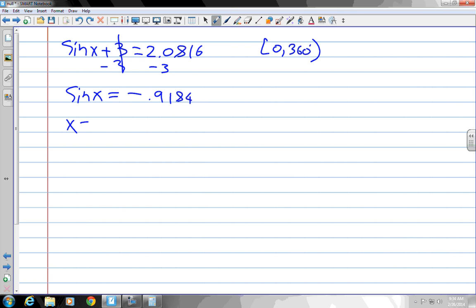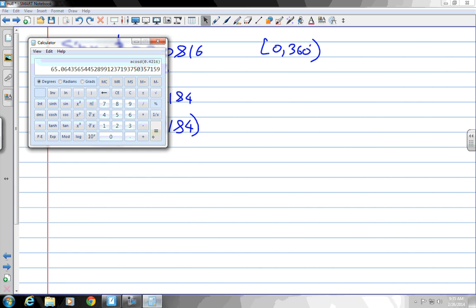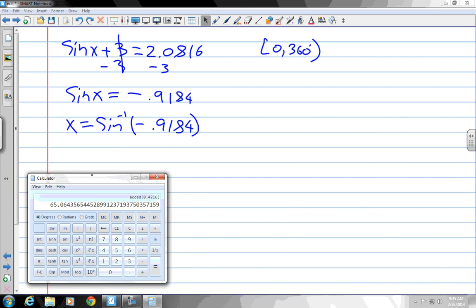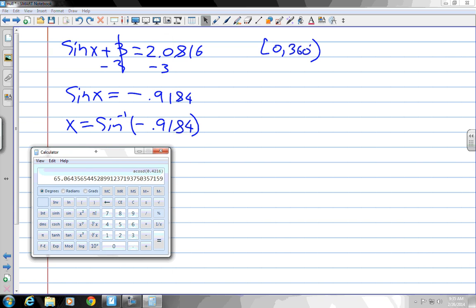Now, on which interval will my solution land? What is the range of the inverse sine? The range. So how did we restrict the sine domain to make that? No, that's the domain. Yeah, so it's from negative pi over 2 to pi over 2, right?